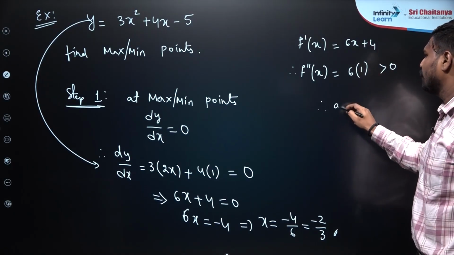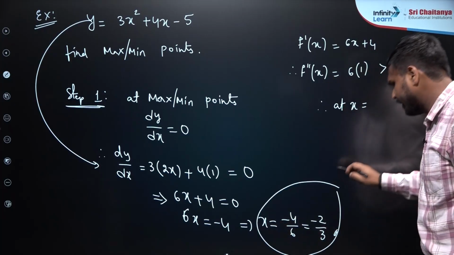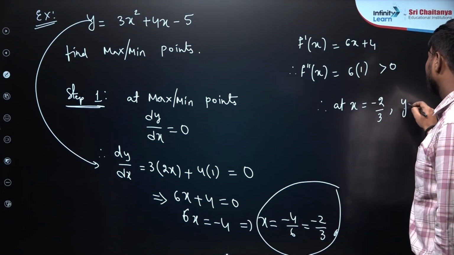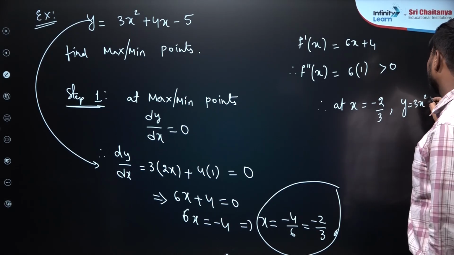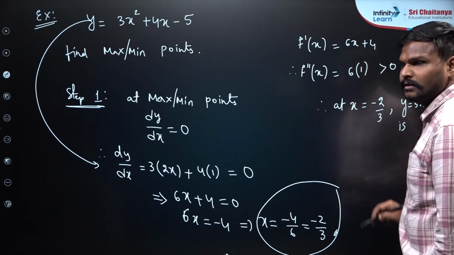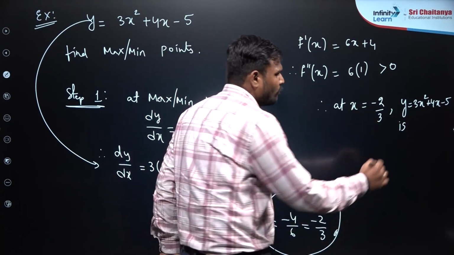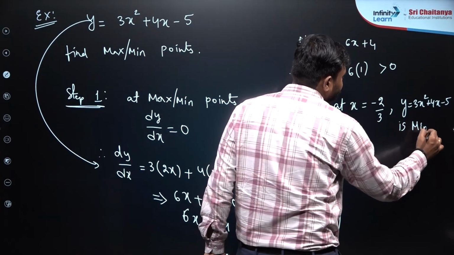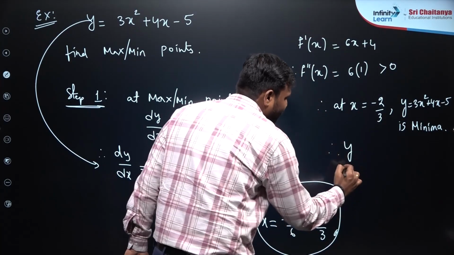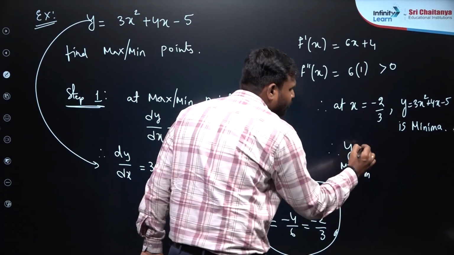That means at x is equal to minus 2 by 3, y is, tell me sir, greater than 0, minima. And y minimum, what is the value of the y minimum?